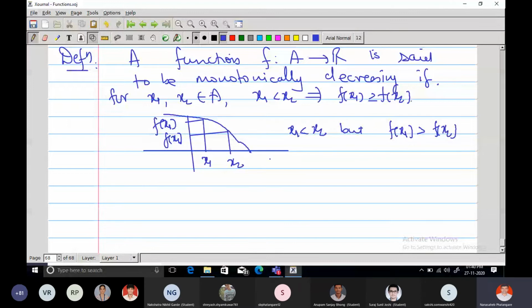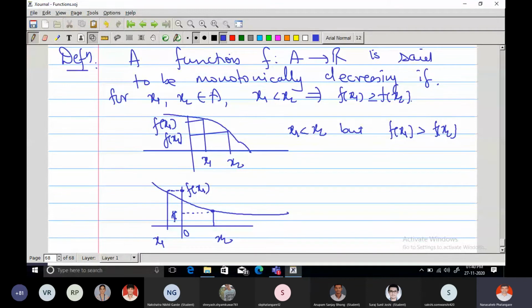Or you look at another graph like this. So x1 and x2. So where is f of x1? Here it is f of x1, because the y component is just a horizontal line. Where is f of x2? The y component of the value at x2.